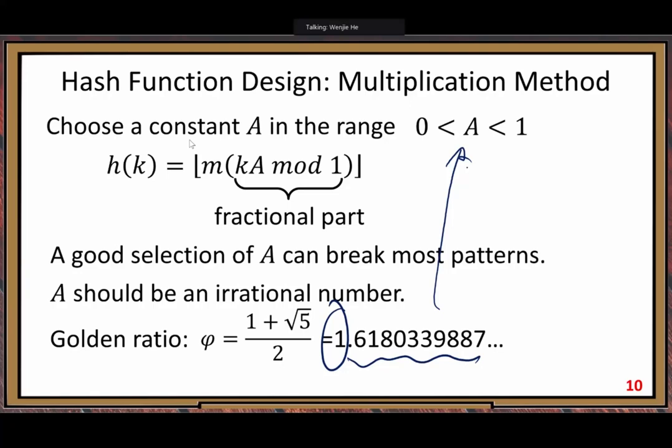Pi is another, but you need to throw away the 3, the integer part. So basically all the irrational numbers are good candidates for this multiplication method. Rational numbers, not so.